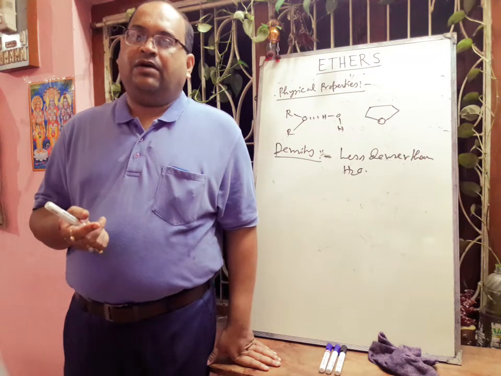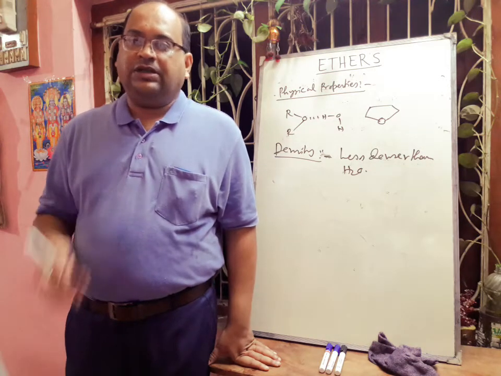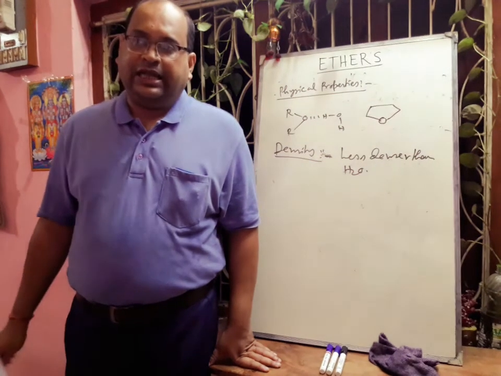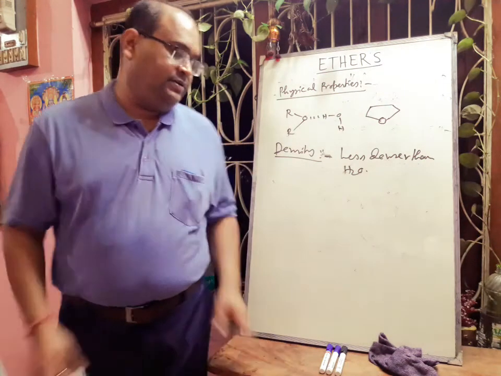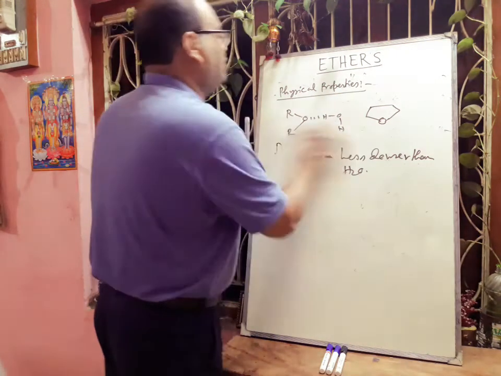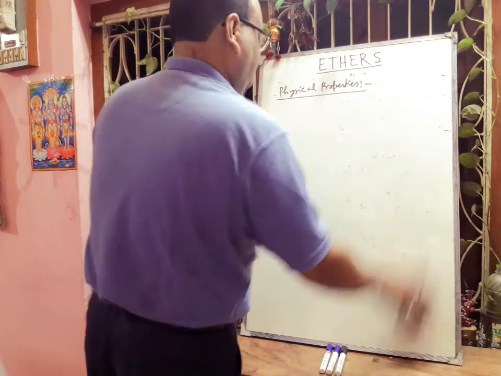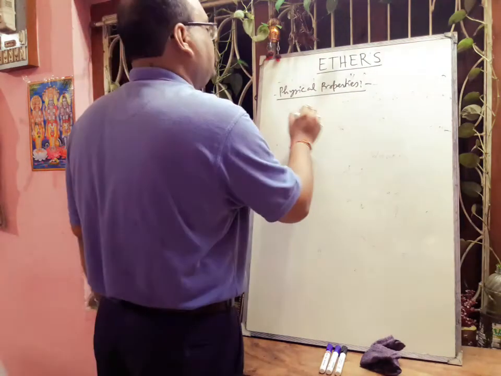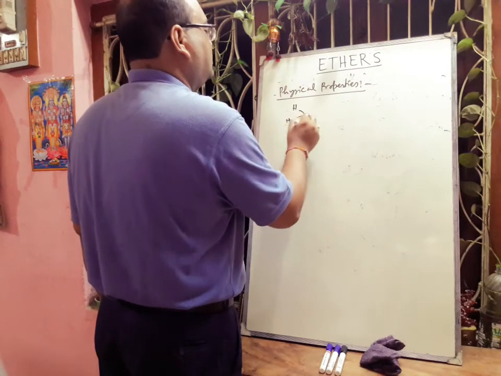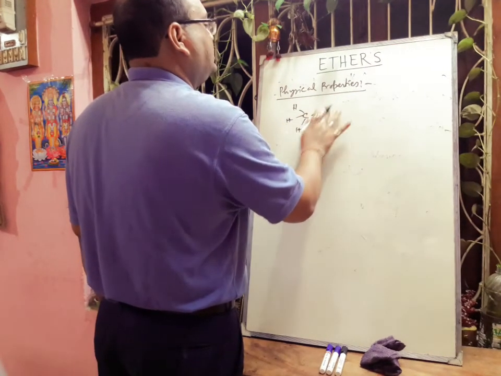Okay, now the boiling point. The C-O bonds in ether are polar and the ethers have a net dipole moment. So if we draw the structure, you can easily understand, like CH3 O CH3.